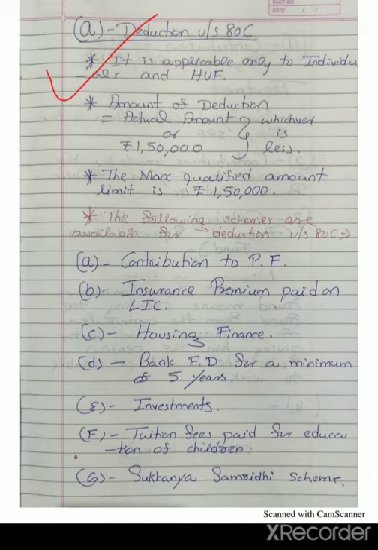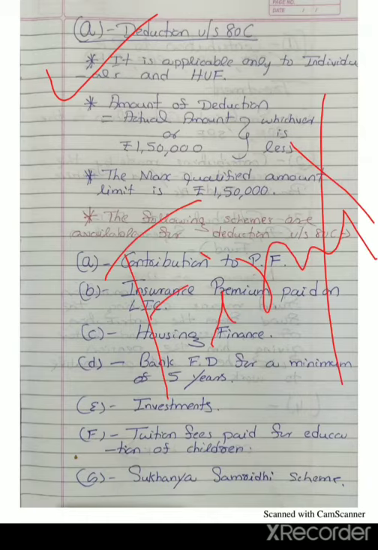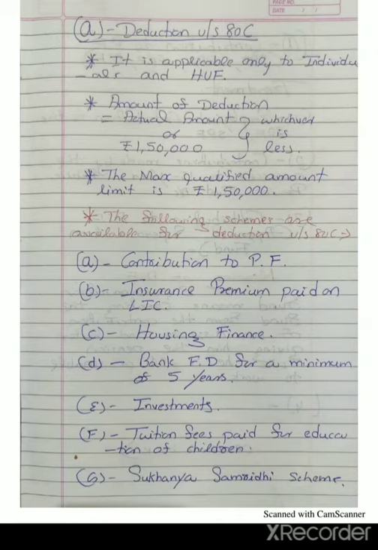It is applicable to individuals and Hindu undivided families, not to firms. The amount of deduction is the actual amount or 1,50,000, whichever is less. The maximum qualifying limit is rupees 1,50,000 only.